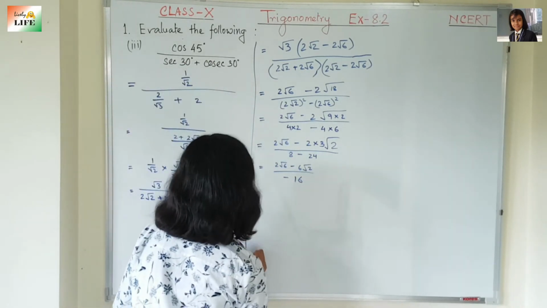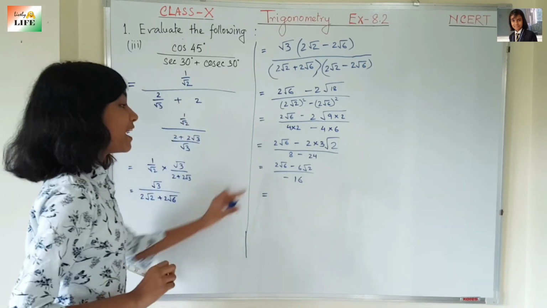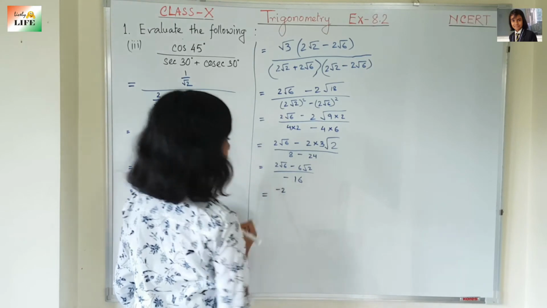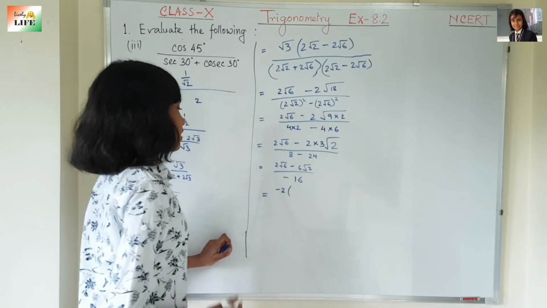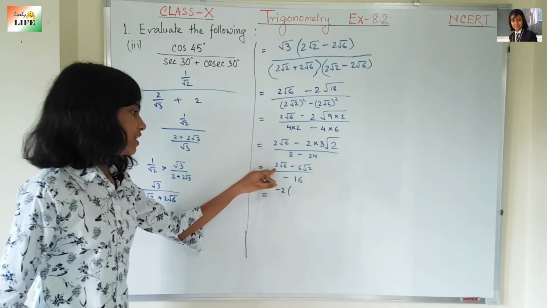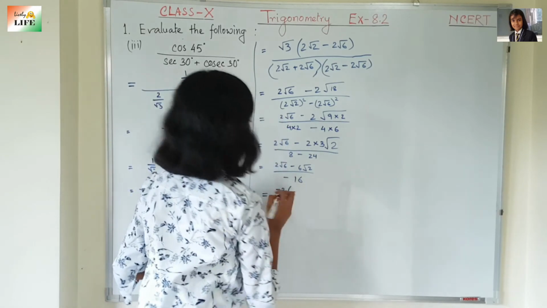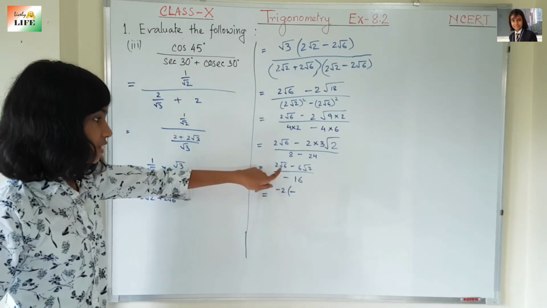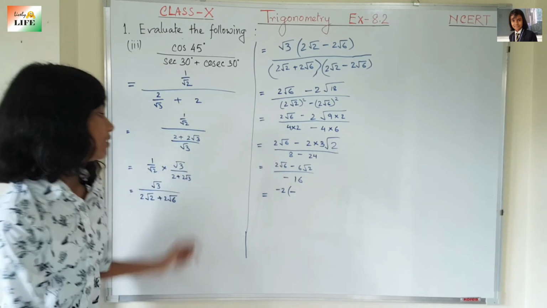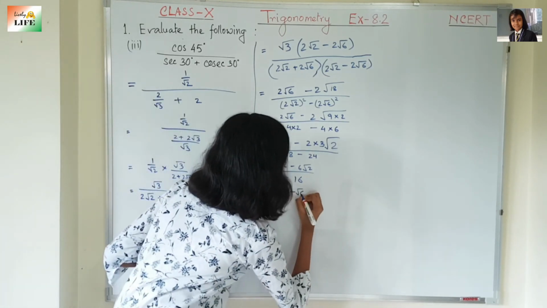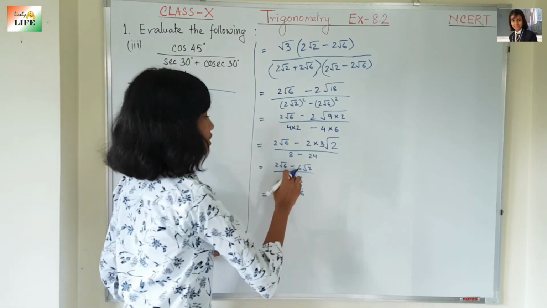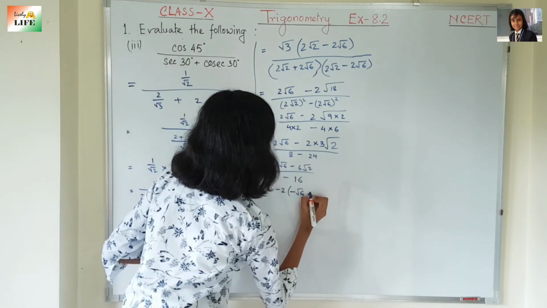So now we are going to take minus 2 common from here. How? We are going to take minus 2 like this common. Now what will happen from here if minus 2 goes? What will remain? Minus root 6, right? We have taken out minus 2 from here. So what will remain? Minus root 6. Now from here if we take minus 2, what will be there? Minus, it will become plus.